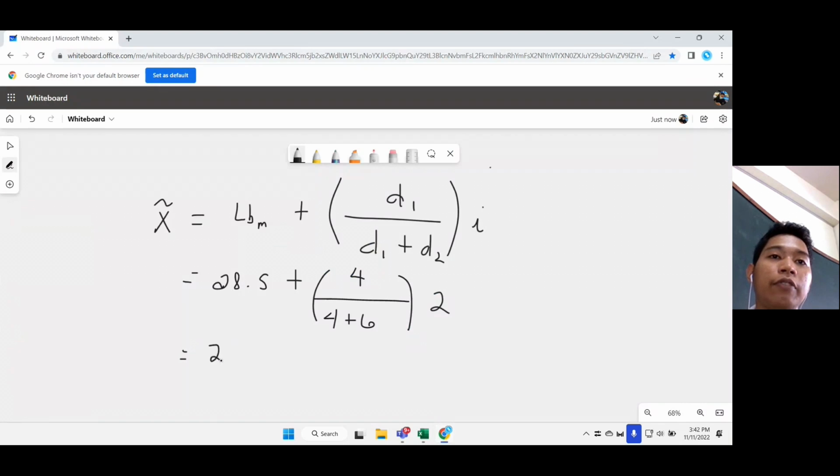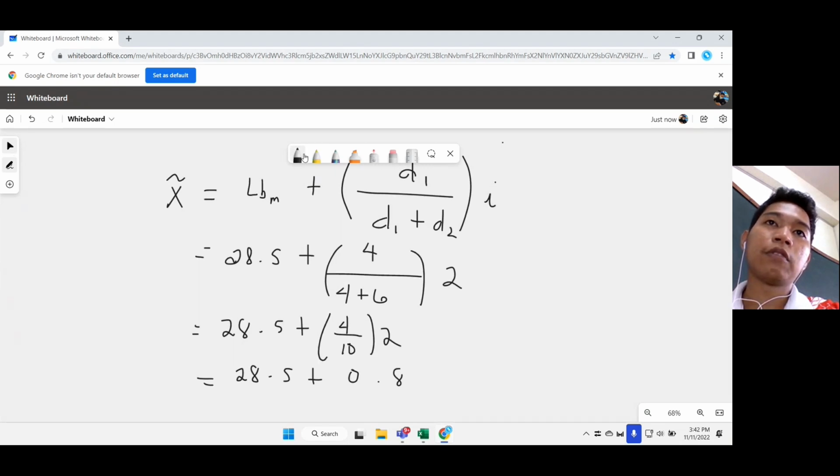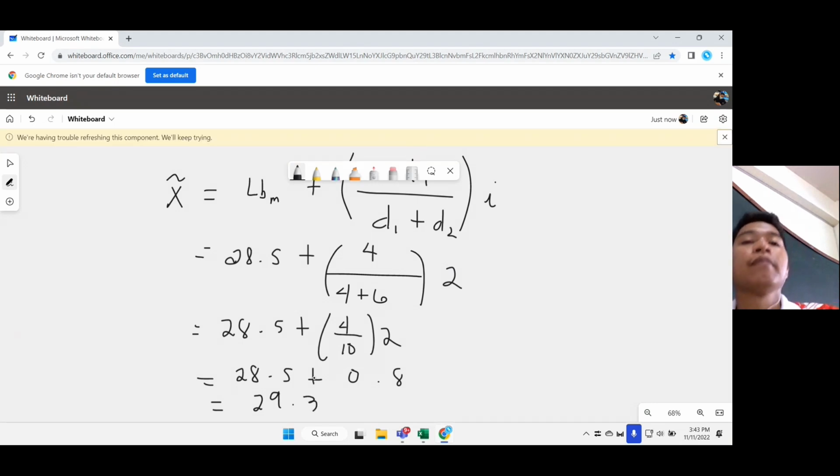So that is 28.5 plus 4 over 4 plus 6, that is 10, times 2. 4 divided by 10 using your calculator is 0.4, times 2 is 0.8. So 28.5 plus 0.8 is 29.3.